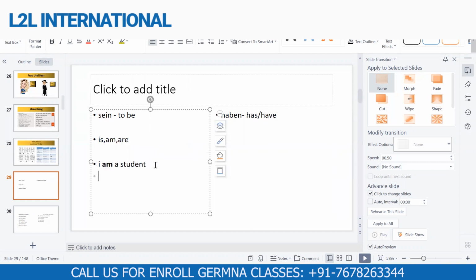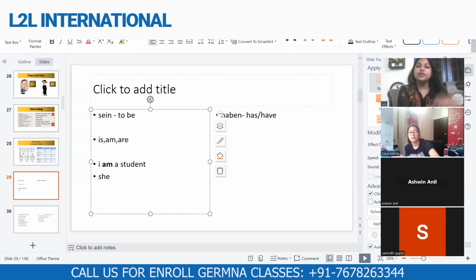But when I'm changing the subject, if I'm saying she, then what is the helping verb we use with she? If I have to say the same sentence for a girl, she is a student. Let's talk the English first, then German.